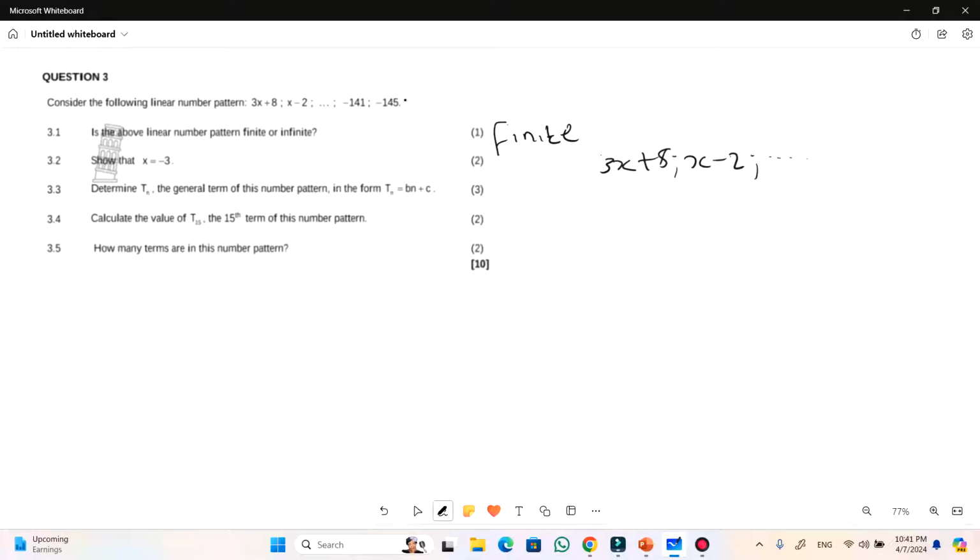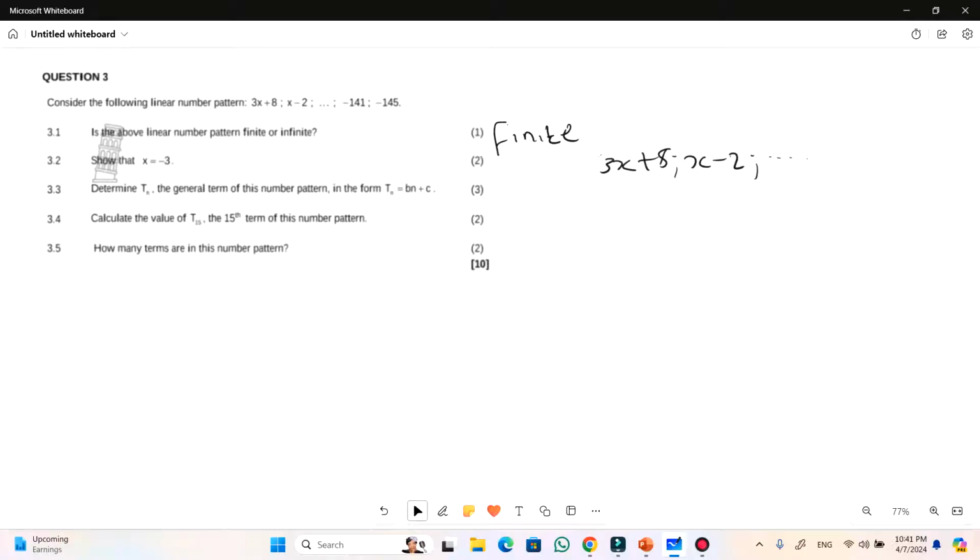You know that your last term is negative 145. So you need to work with negative 141 and negative 145 to get the difference, so that you can use it to get the value of x.